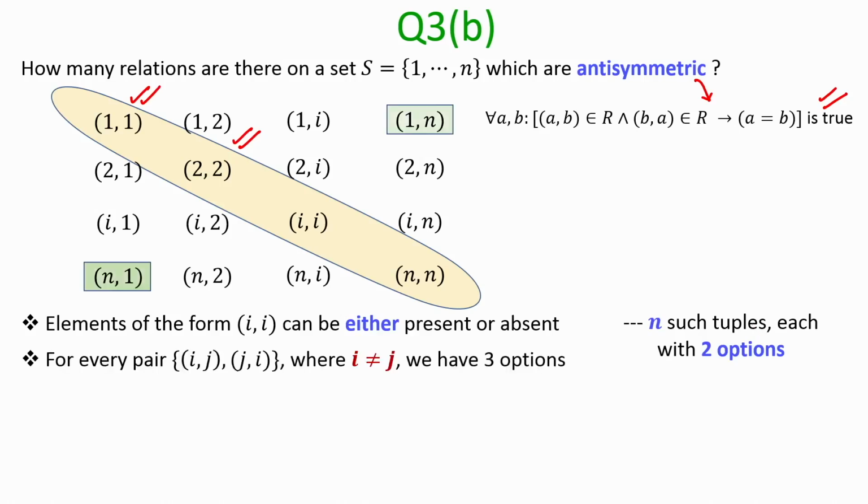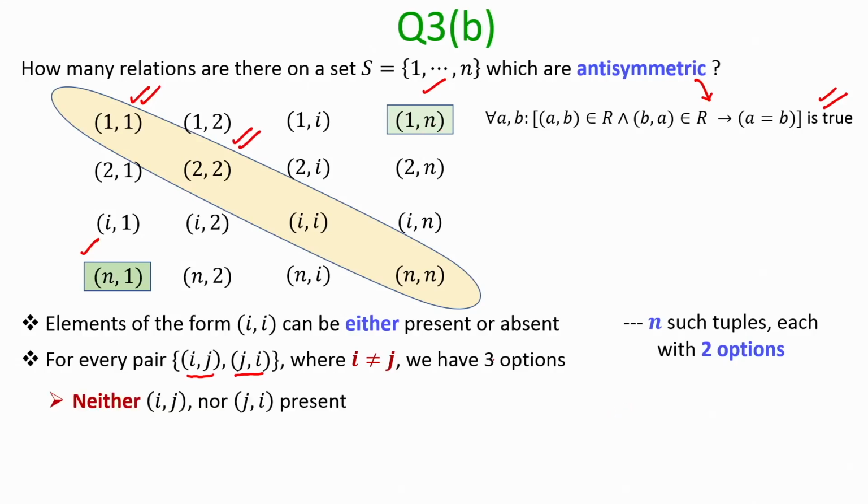Now, let us focus on the non-diagonal ordered pairs of the form (i, j) and (j, i), where i and j are distinct. For instance, say (n, 1) and (1, n). Now, how many ways can I include these ordered pairs (1, n) and (n, 1) and still satisfy the requirements of an antisymmetric relation?